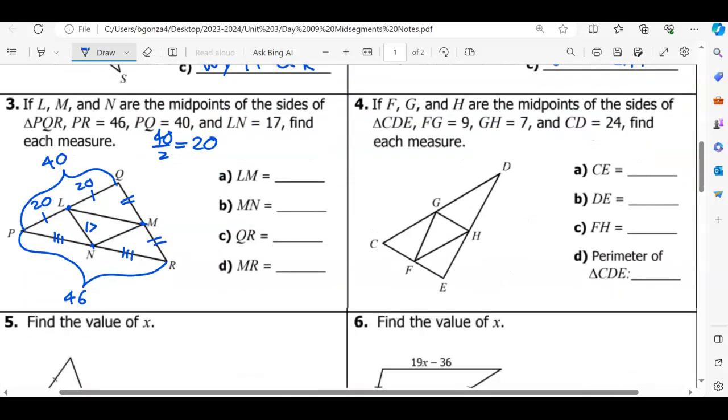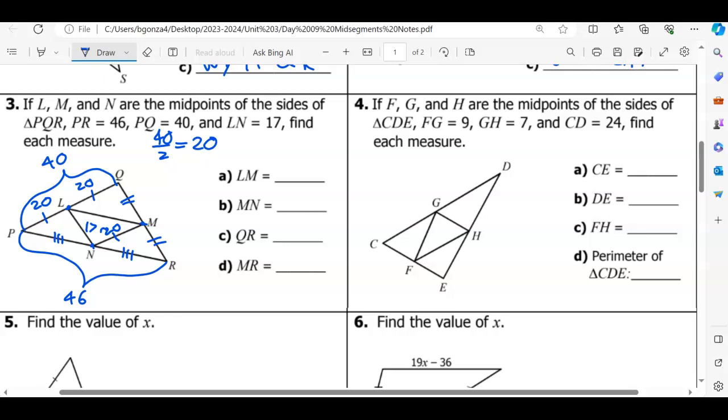So NM has to be half of PQ, which is 40. What's half of 40? We already figured it out. 20, right? So go ahead and put 20 at NM. And if NM is 20, you can put 1 tick mark there because it matches. Now, do y'all see the pattern here? 20, 20, 20. And they're all parallel. Each little piece is 20.